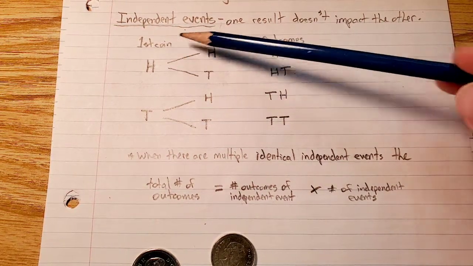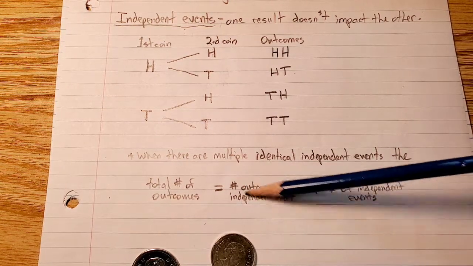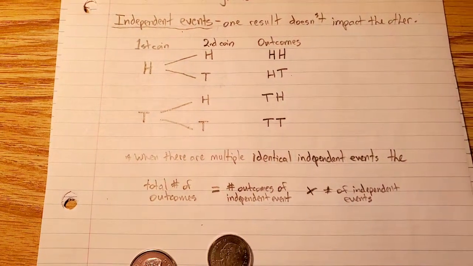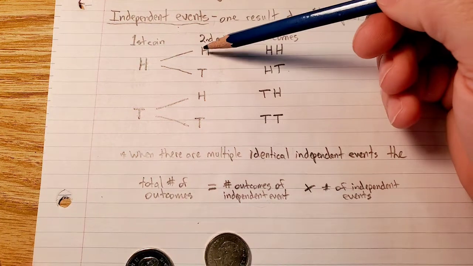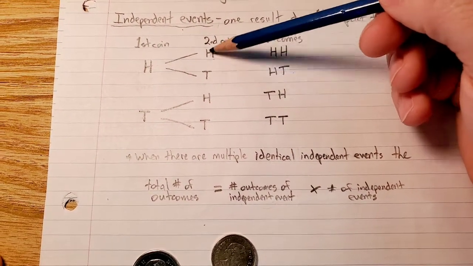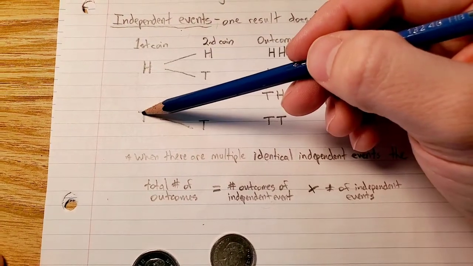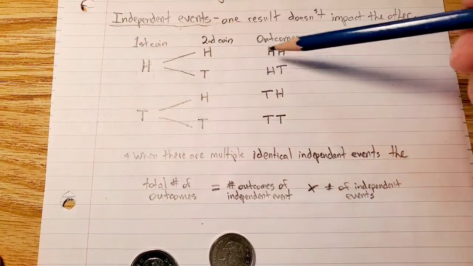There's 2 events happening, right? The 2 events happening times the number of outcomes for independent events. So right here, how many outcomes were there for an independent event? There were 2 outcomes, right? Here, there were 2 outcomes for independent events. So you take that 2 and you multiply it by the 2 times that are happening here, and you're going to have 4.